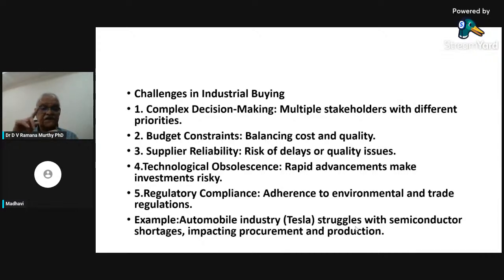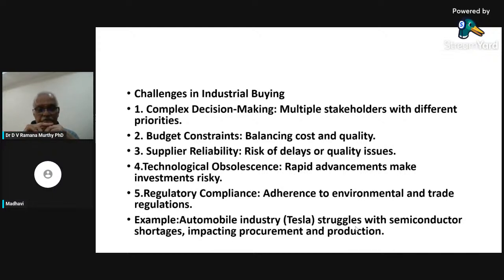So all these things are very important. So the third challenge in industrial buying is supplier reliability. You have to verify things clearly. Regular supplies must be ensured, and quality material should be supplied. So that's why you have to choose the suppliers very carefully.